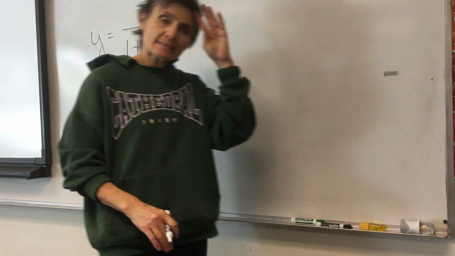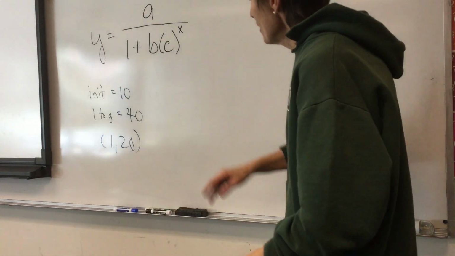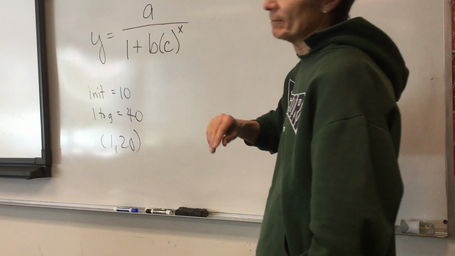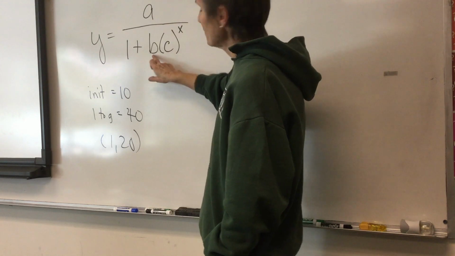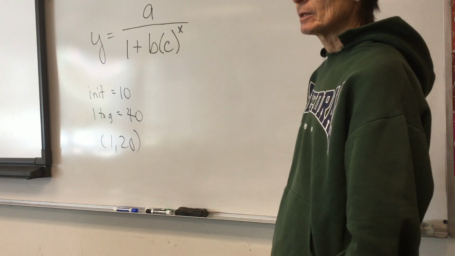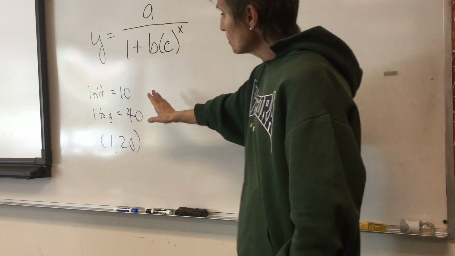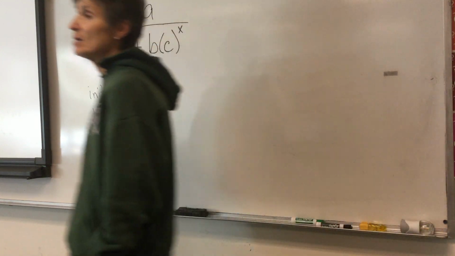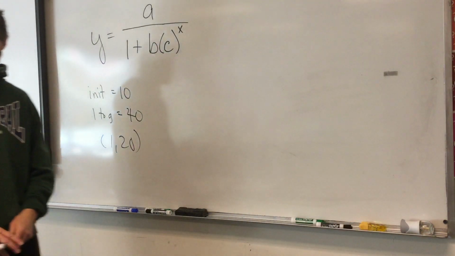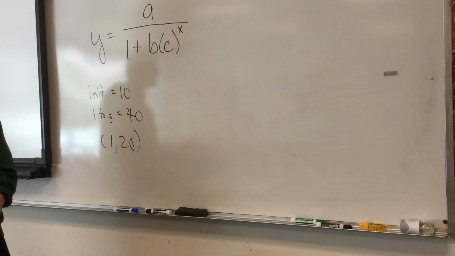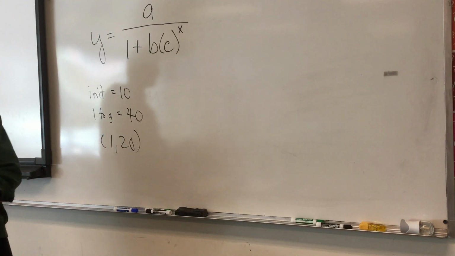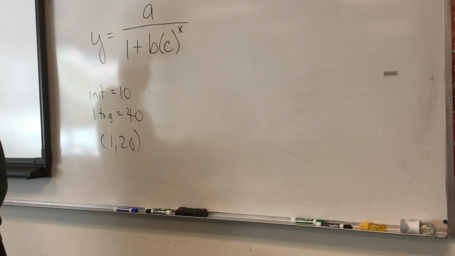Now, it isn't a coincidence that they had to give me 3 pieces of information because there are 3 variables. And each of those pieces of information is going to help me get one of my variables. I think you know one of your variables already. Can anybody tell me what it is right off the bat? A equals 10.